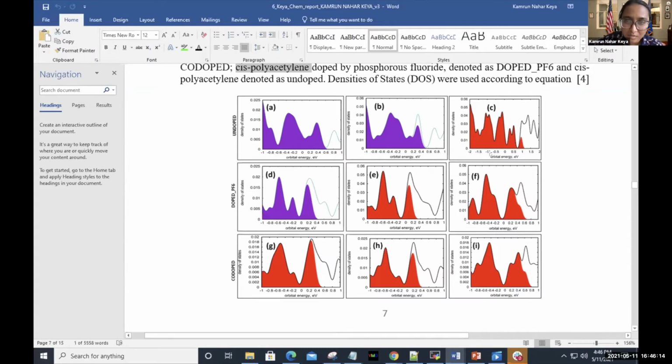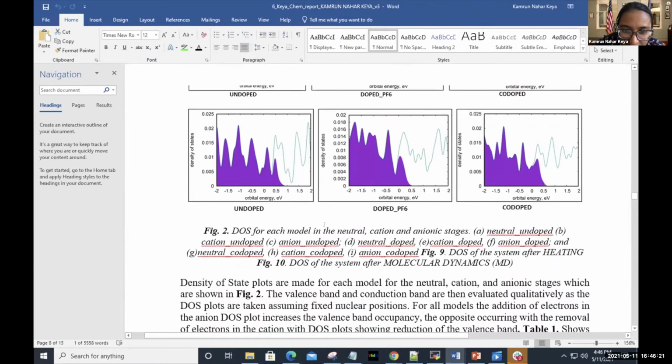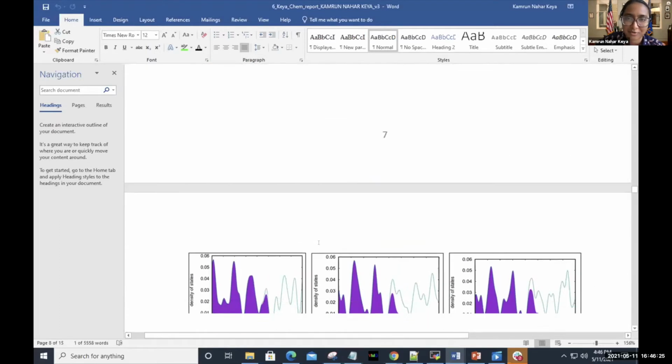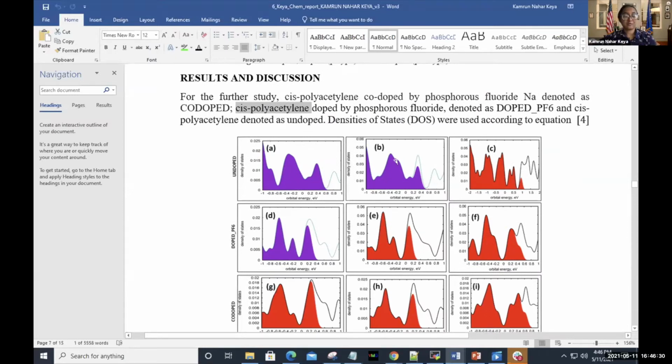So this one is undoped cation, and this one is undoped anion. From this, we already see that the occupied and unoccupied are almost overlapping with each other.